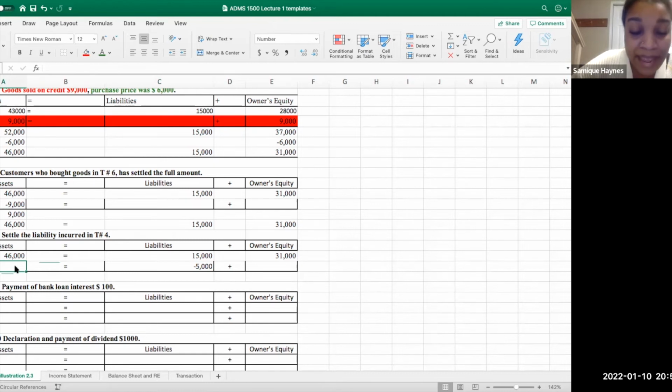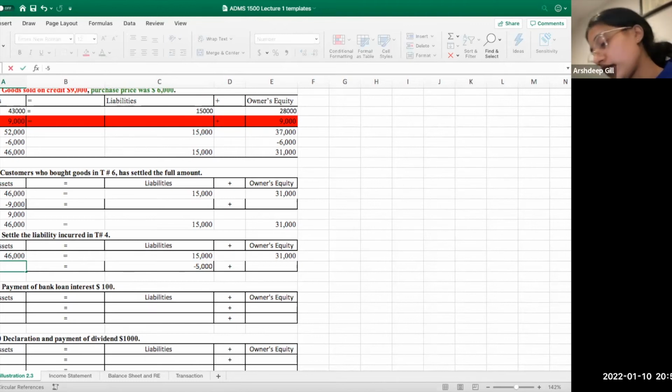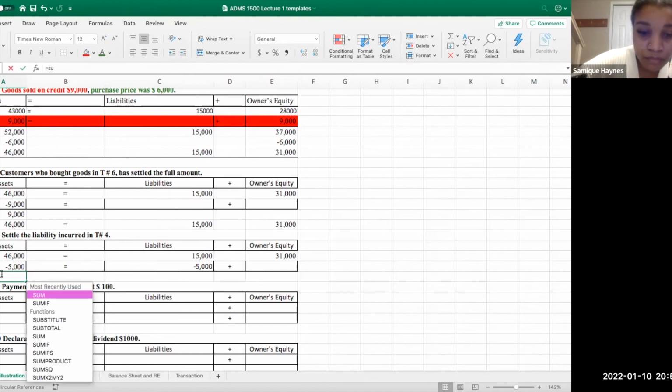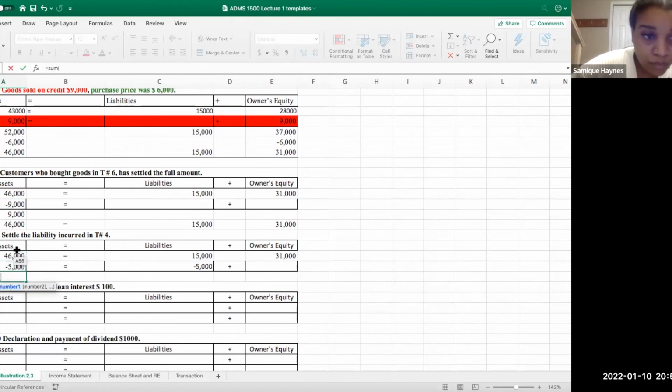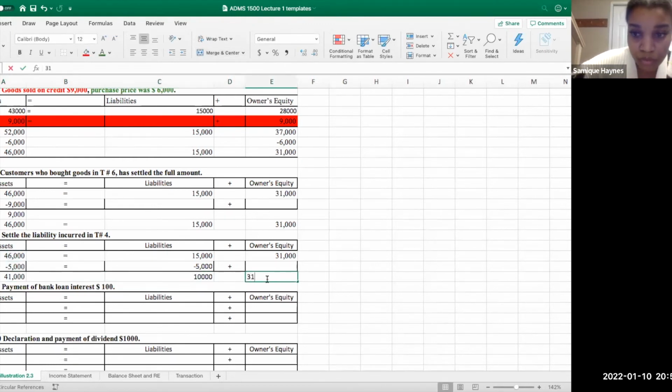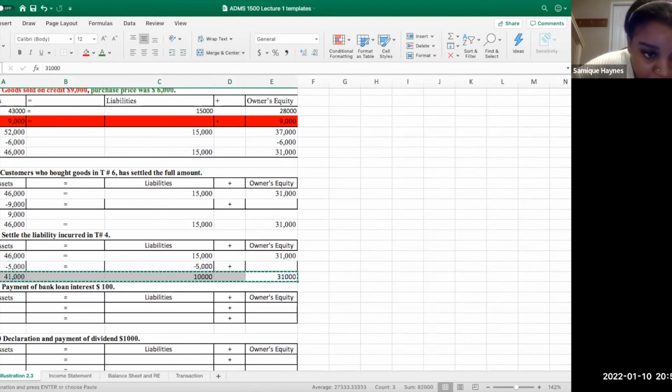We're paying them back, so our cash is going to decrease by 5,000, which means our assets are going to go down by 5,000. So good so far. Then we copy and paste this and bring it down here.